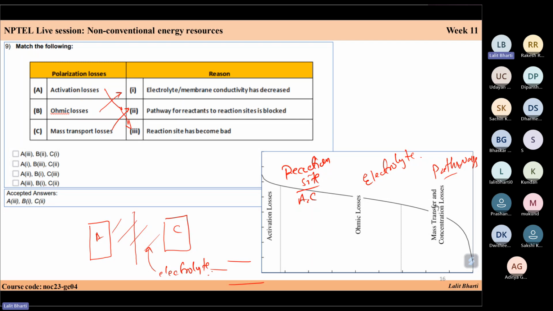And if your mass transfer is affected, your concentration losses will increase, so that is your mass transfer loss. So simply, A will go to third, B will go to first, and C will go to second. So the accepted answer is the fourth one. So this is your question 9.